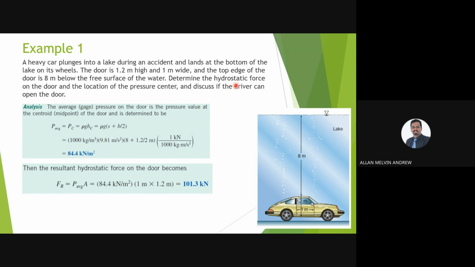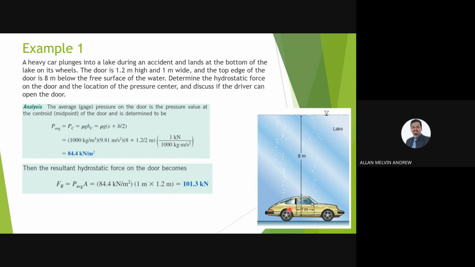The question asks us to calculate the hydrostatic force. We use the formula already derived before: FR equals average pressure times area. The average pressure is 84.4 kilonewtons per meter squared, times the area. Assume the door is almost like a square, so 1 meter times 1.2 meters.